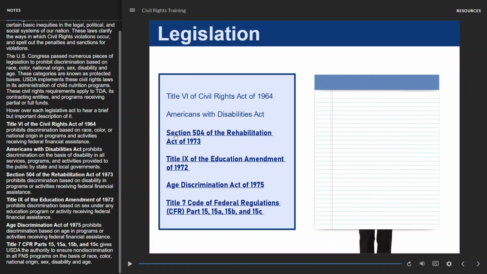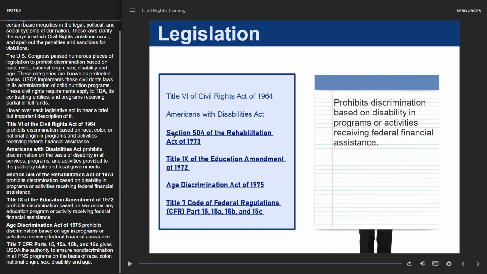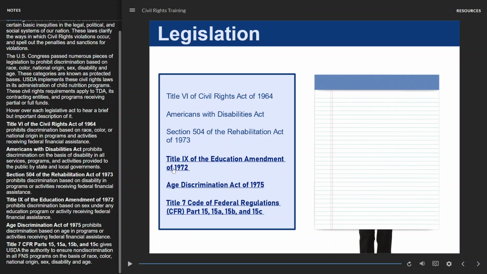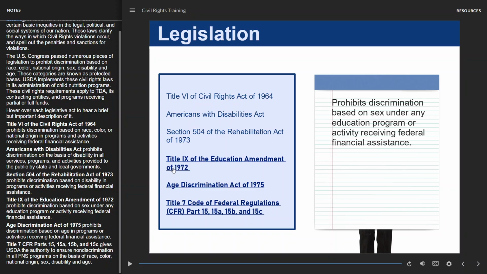Section 504 of the Rehabilitation Act of 1973 prohibits discrimination based on disability in programs or activities receiving federal financial assistance. Title IX of the Education Amendments of 1972 prohibits discrimination based on sex under any education program or activity receiving federal financial assistance.